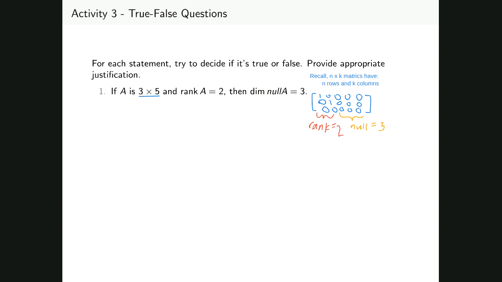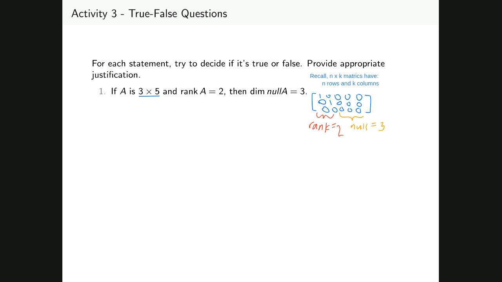We can also check that this satisfies the rank nullity theorem. The dimension of the image of A plus the dimension of the null space of A has to add up to the number of columns. So here we've got 2 plus dimension null A is 5.